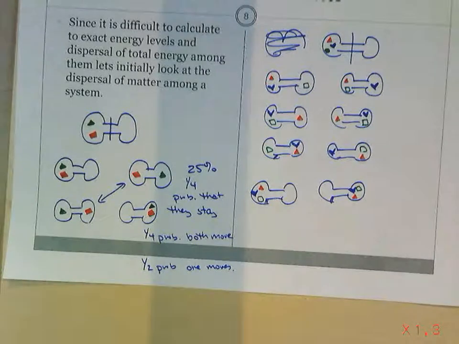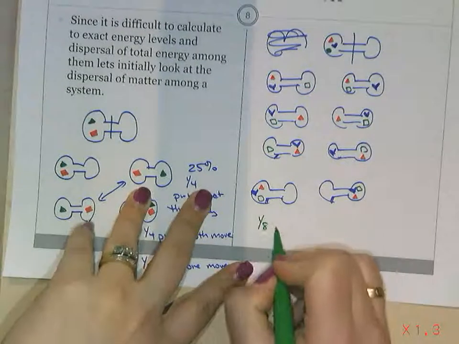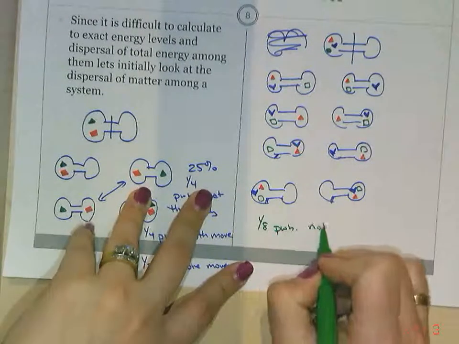All right, looking at our figures and based on your stellar knowledge of probability and statistics, what is the probability that the molecules did not move? 1/8, right? What's the probability that everybody moved?